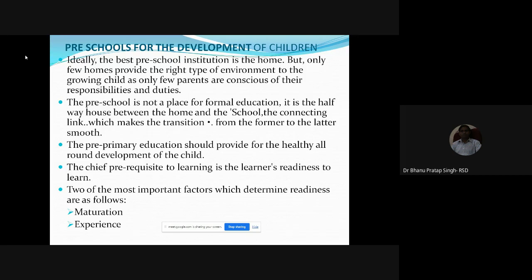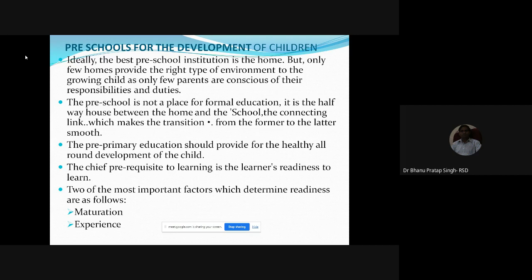So the importance and the responsibility on preschools is very high. Therefore, the pre-primary school should provide for the healthy all-round development of the child. The chief prerequisite of learning is the learner's readiness. And who will make the learner ready? That is preschool education.